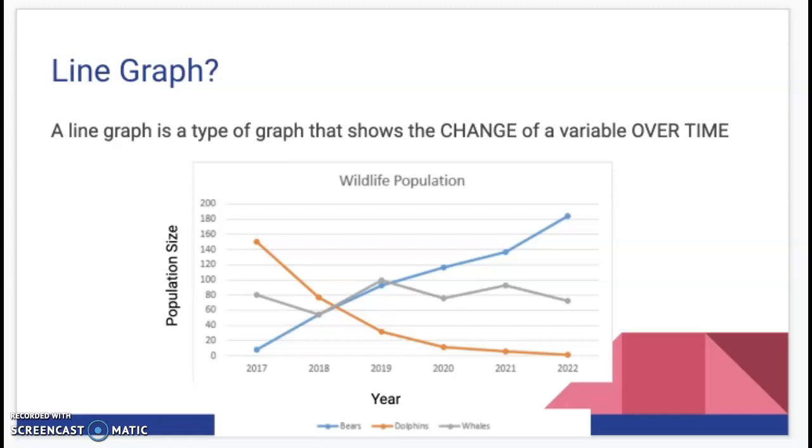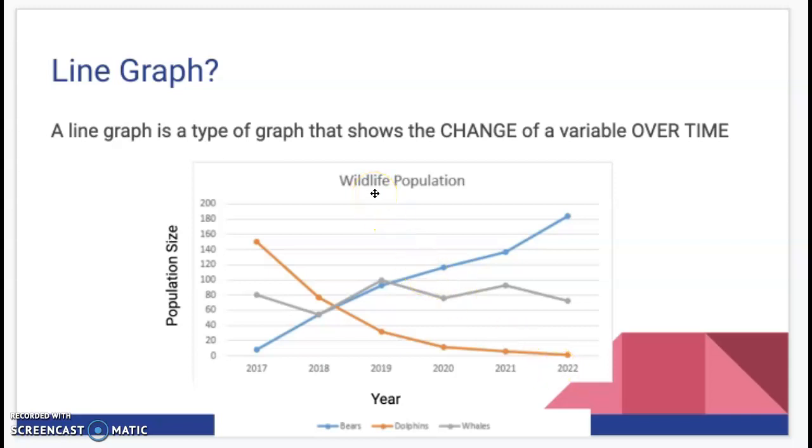And as we can see below in this graph, we have three line graphs, each representing the wildlife population of either bears, dolphins, or whales over a yearly time frame from 2017 to 2022.